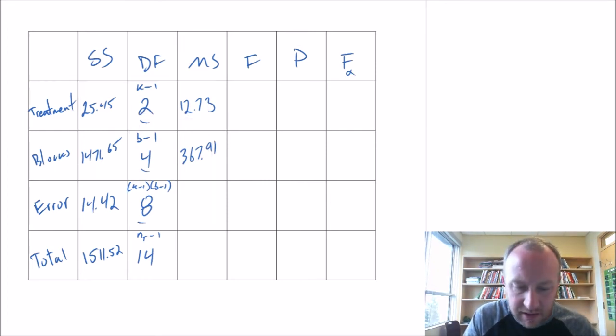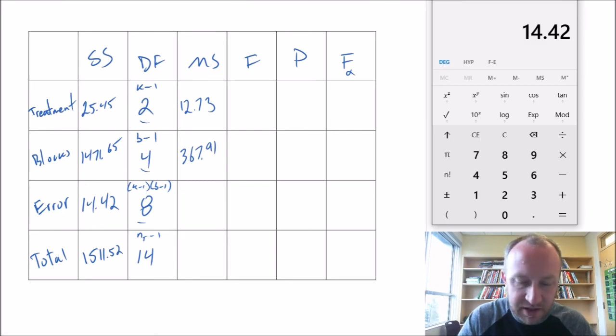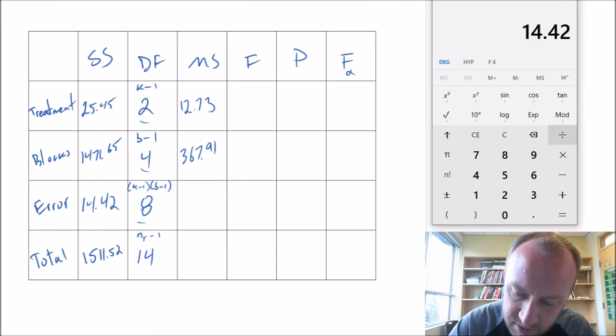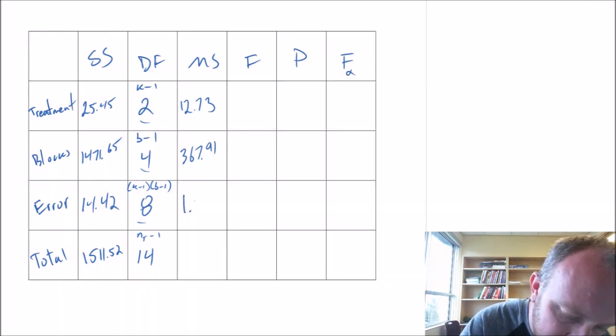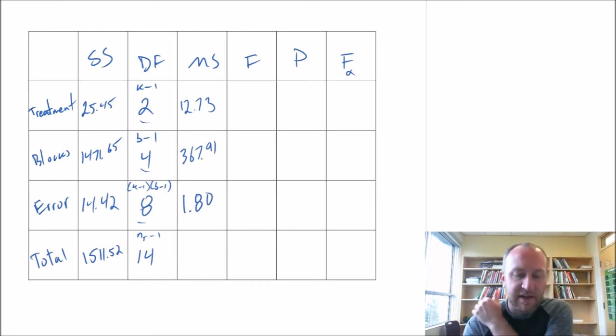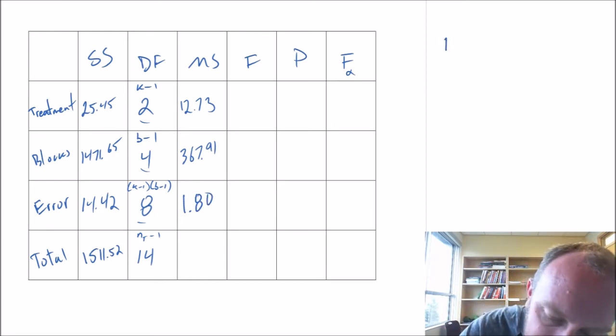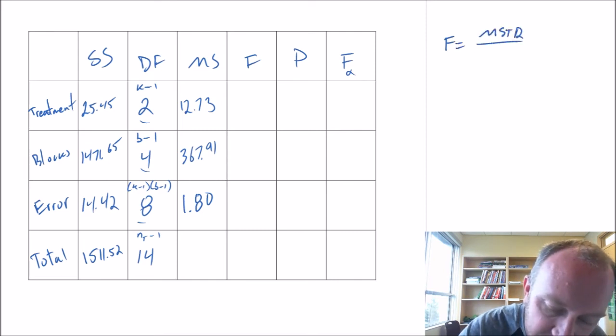Okay, almost done. We need MSE. So that's our 1442 divided by 8 degrees of freedom, 1.8. So I have 1.8 as my mean squared error. Finally, now we can obtain our F statistic, which is MSTR over MSE.